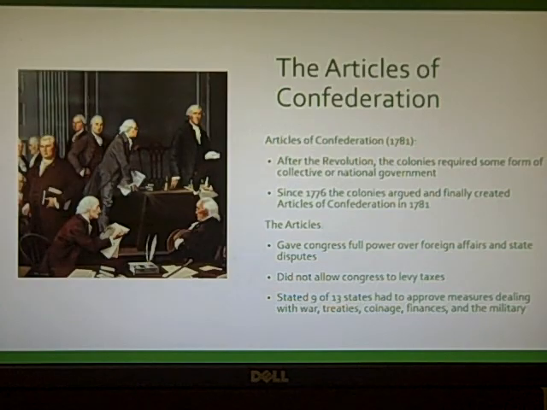Now, initially though, and realize this, actually even before we have obtained our actual freedom, before we've actually negotiated the peace agreement with the Treaty of Paris, we are going to create the Articles of Confederation.